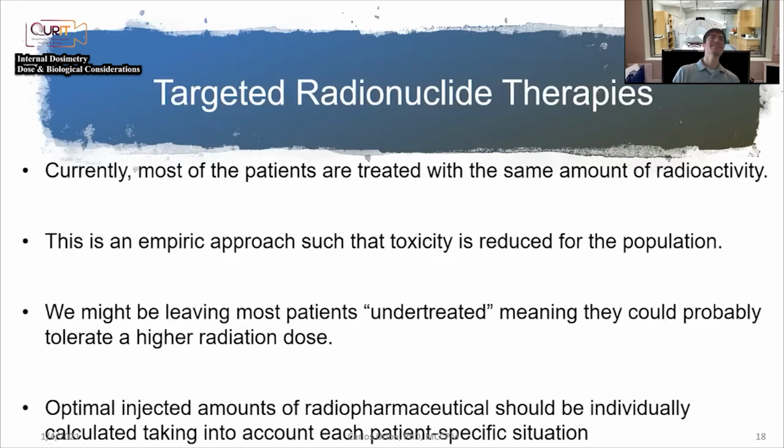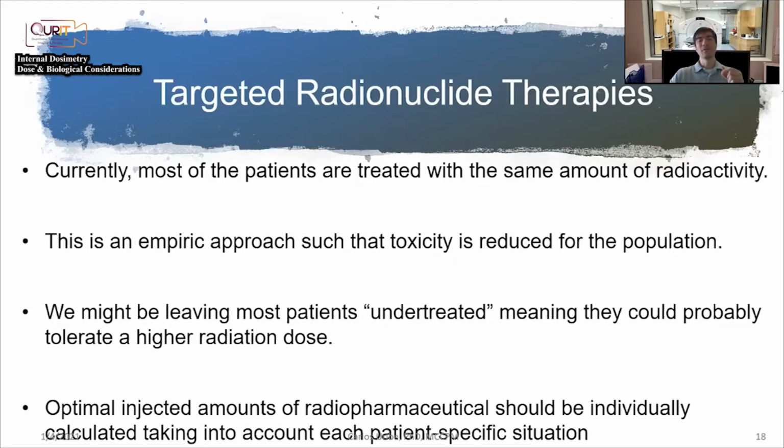So let's think, what are targeted radionuclide therapies? This is what's happening right now. For all these therapies, in most situations, well, we know that each patient is different, but it's hard right now to implement a personalized approach to these therapies, and we're going to talk about that in a moment.